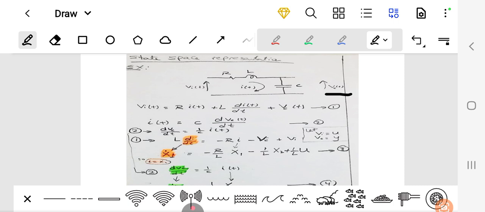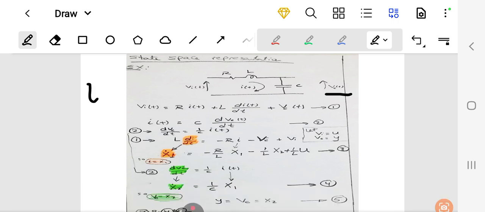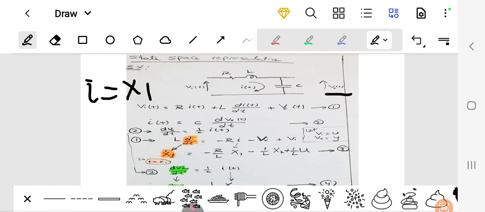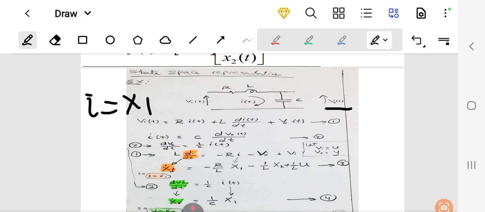And therefore, we can substitute di by dt, which we will take as x1 dot. Therefore, I equals x1 of t is the first state. Therefore, di by dt equals x1 dot.